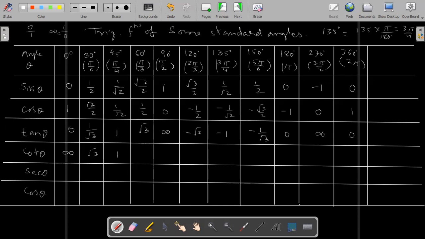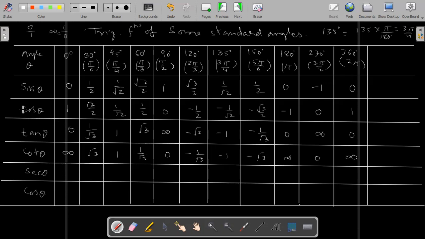Reciprocal of 1 is 1. Reciprocal of root 3 is 1 by root 3. Infinity is 0. This will be minus 1 by root 3. And minus 1 is minus 1. This will become minus root 3. The 0 will become infinity. Infinity will become 0.